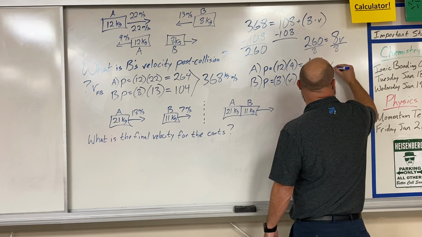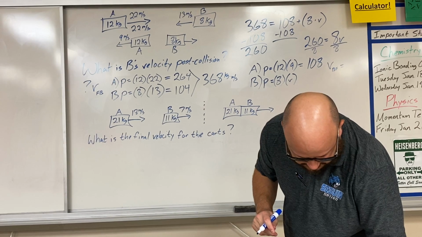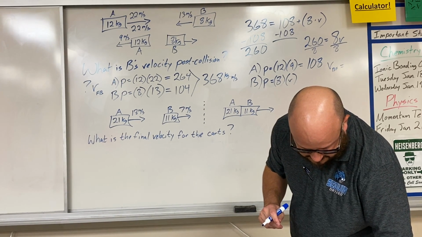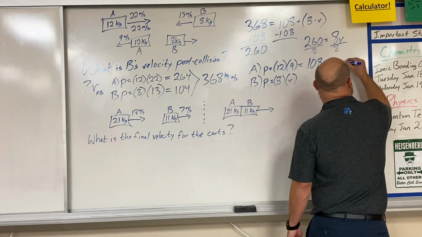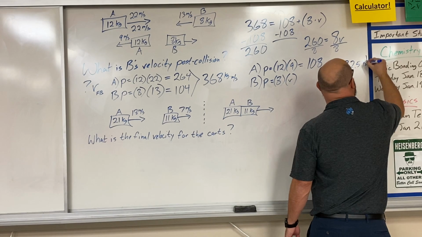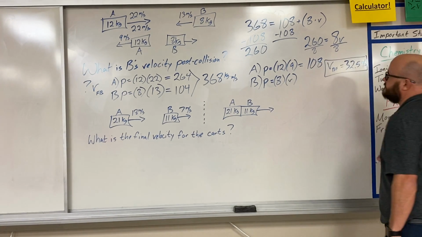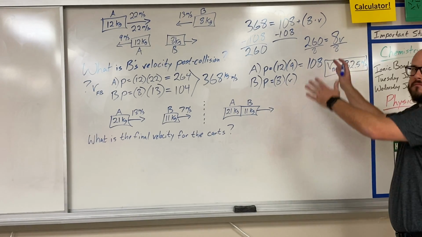So our V_BF is going to be 260 divided by 8, 32.5 meters per second. Okay, it may seem like a lot of work, but once you get the hang of it, it's easy to set up.